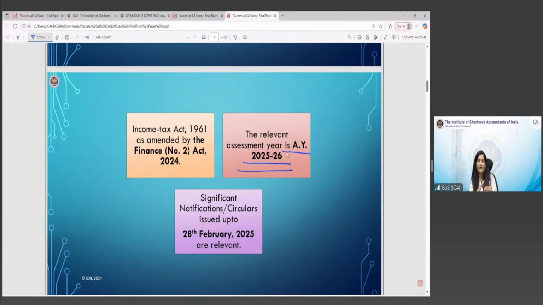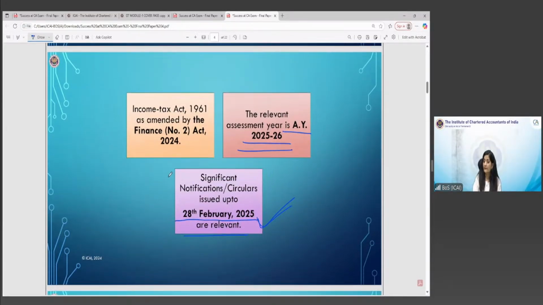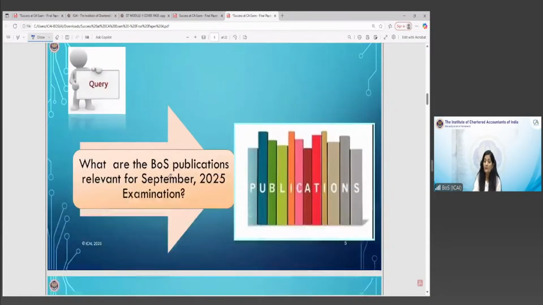These are relevant for you, because there are certain things which Parliament leaves to the Central Government or the CBDT to notify at later stages. So for that purpose, the significant notifications and circulars issued up to 28th February 25 are relevant for you.